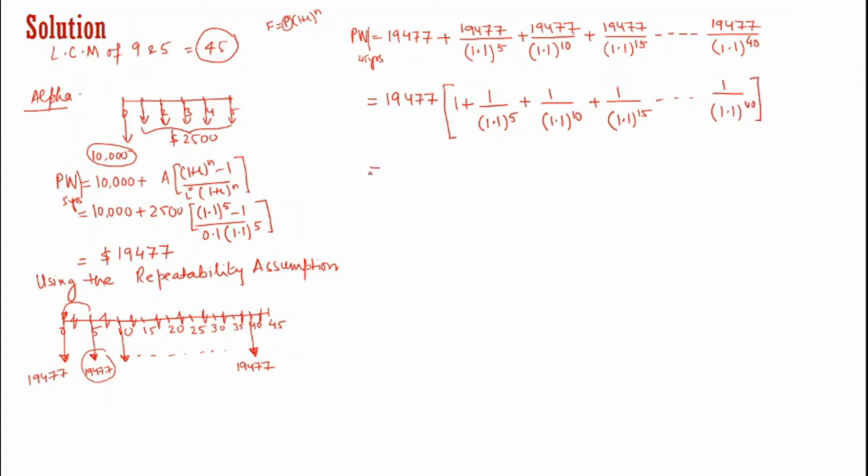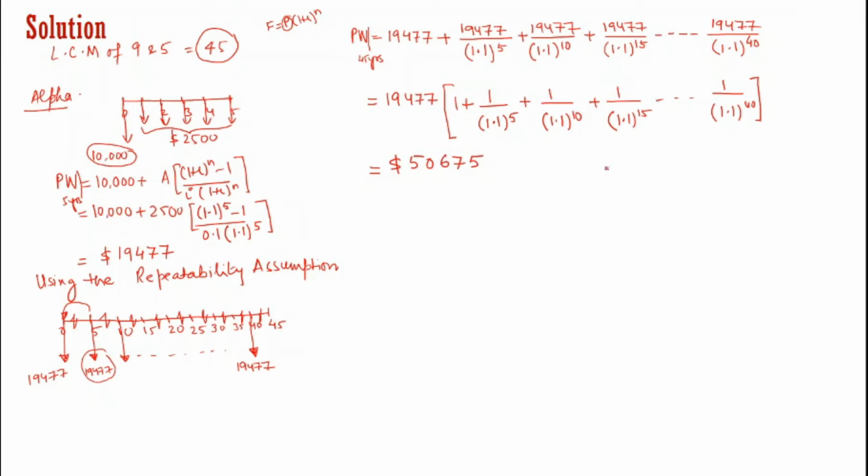If we compute the value, this comes out to be $50,675. So this will be the value, or the present worth, for the option alpha.